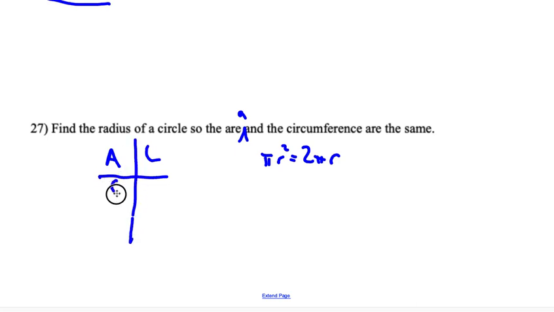Like if I plug in a radius of 0, pi times 0 squared is 0. 2 times pi times 0 is 0. They're both equal, but that's not a circle, so we can't deal with that.